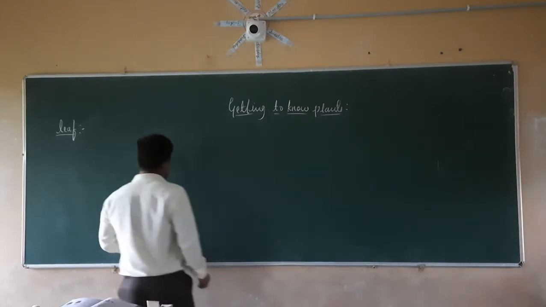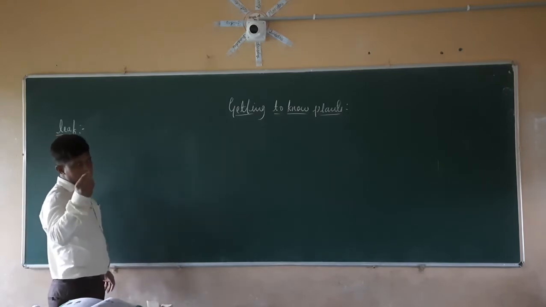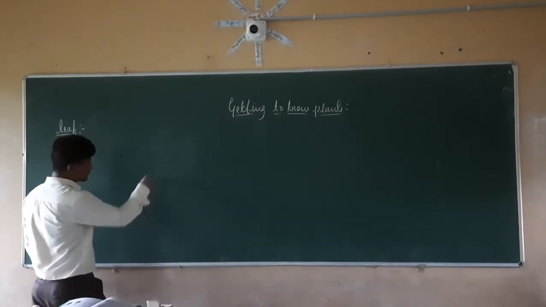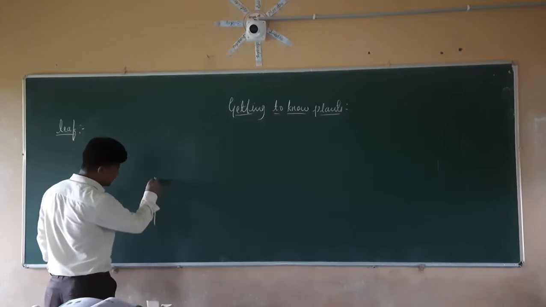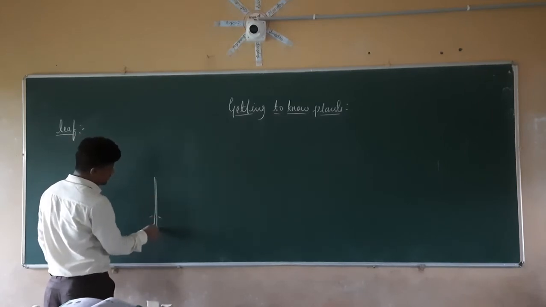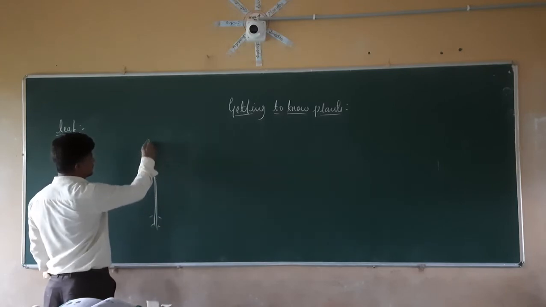For that, we are going to take a small plant or a branch of a plant. So this is a plant. That plant has its branches and it has leaves like this.